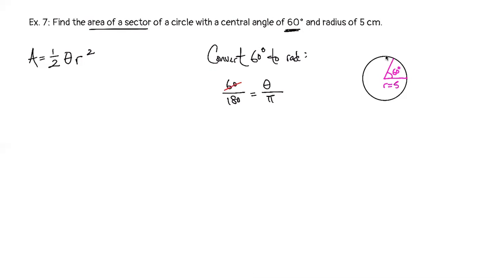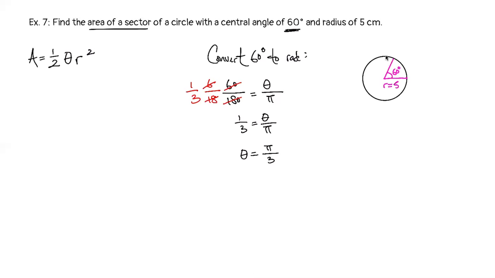And we can reduce 6 over 18. Oh, we can reduce again. 1 over 3. And we'll get 1/3 equals theta over pi. And our last step to get theta, we're going to multiply both sides by pi, and we get theta equals pi over 3 radians. Okay.